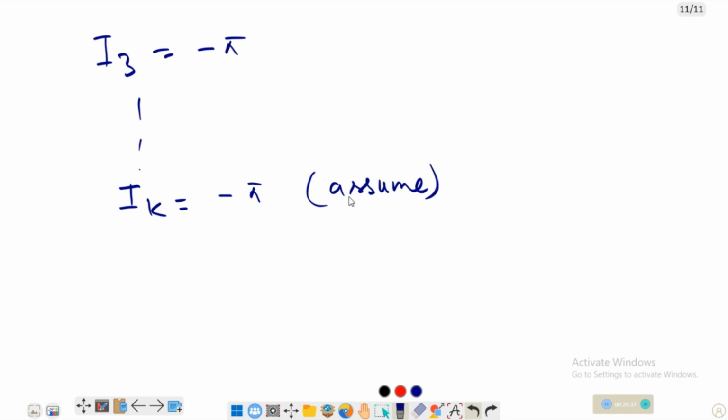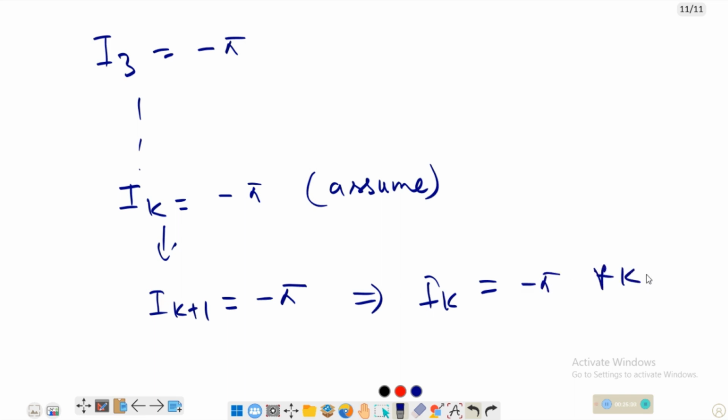So by induction, we can also say that Ik plus 1 is equal to minus pi. This implies that Ik is equal to minus pi for all k belonging to natural numbers.